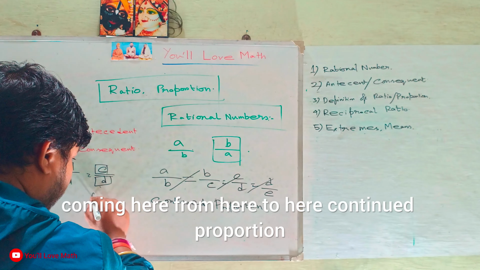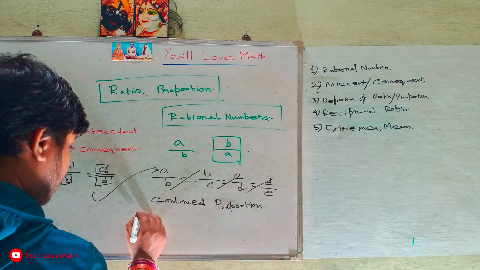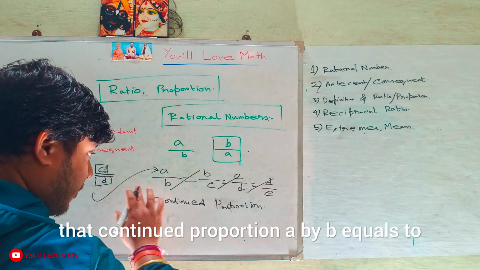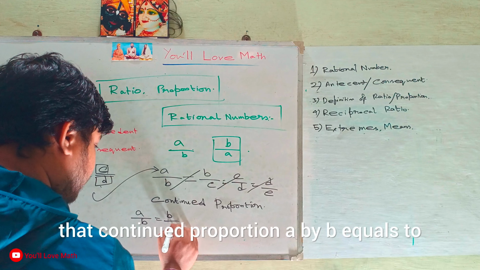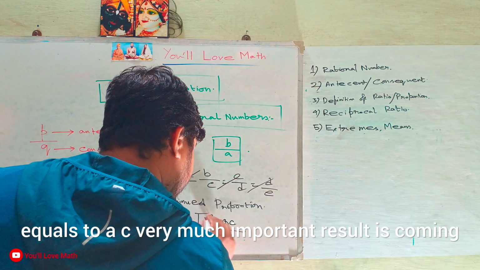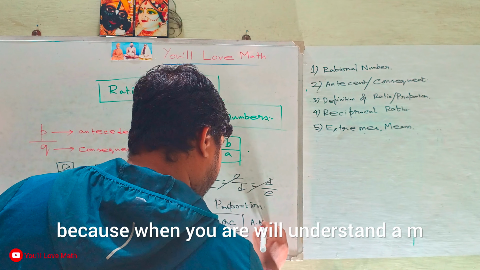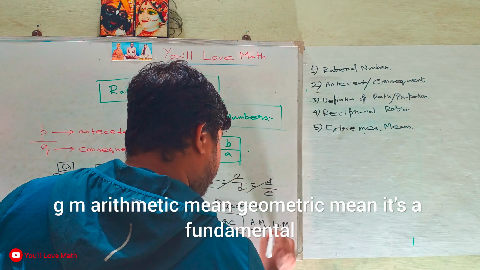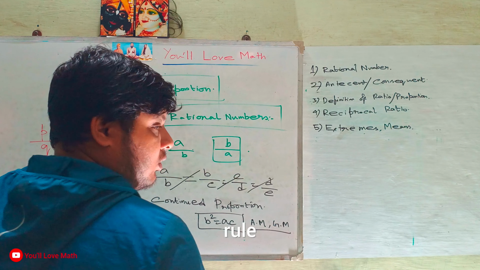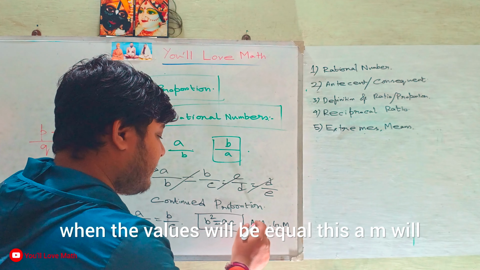Now coming to continued proportion. For any two ratios in a continued proportion, a by b equals b by c. From here we can write b square equals ac. This is a very important result, because when you study AM and GM, arithmetic mean and geometric mean, it is a fundamental rule. When the values are equal, the AM will be the GM.